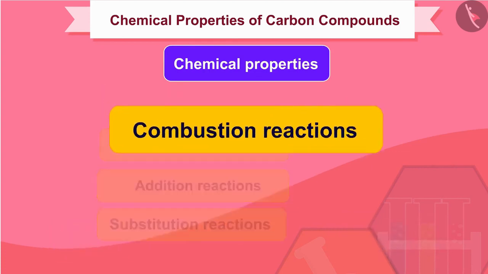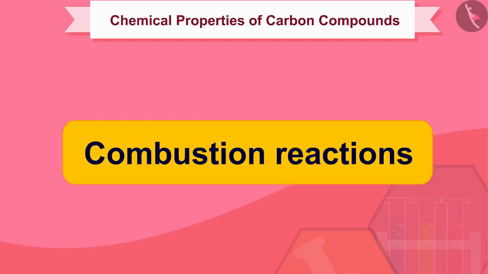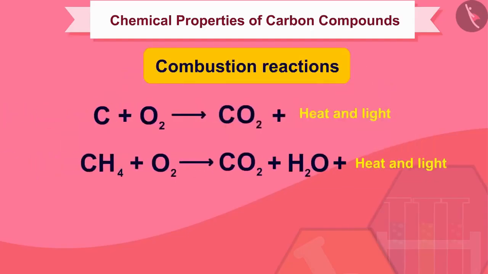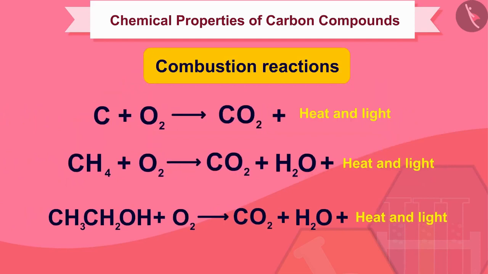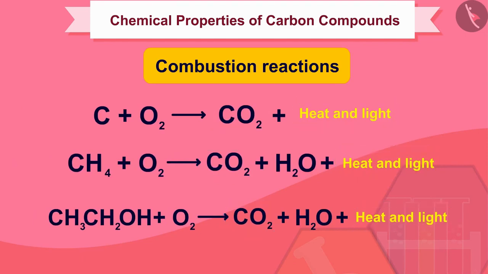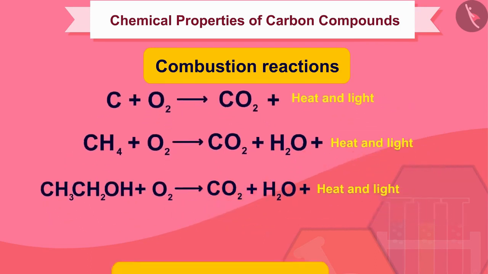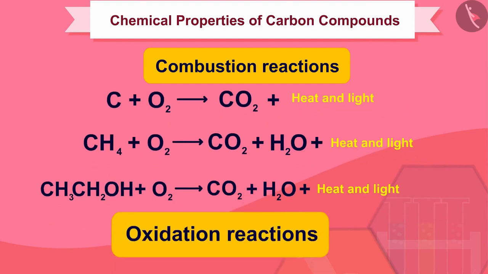Let us start with combustion reactions. Carbon, in all its allotropic forms, burns in oxygen to give carbon dioxide along with the release of heat and light. Most carbon compounds also release a large amount of heat and light on burning. These are the oxidation reactions.